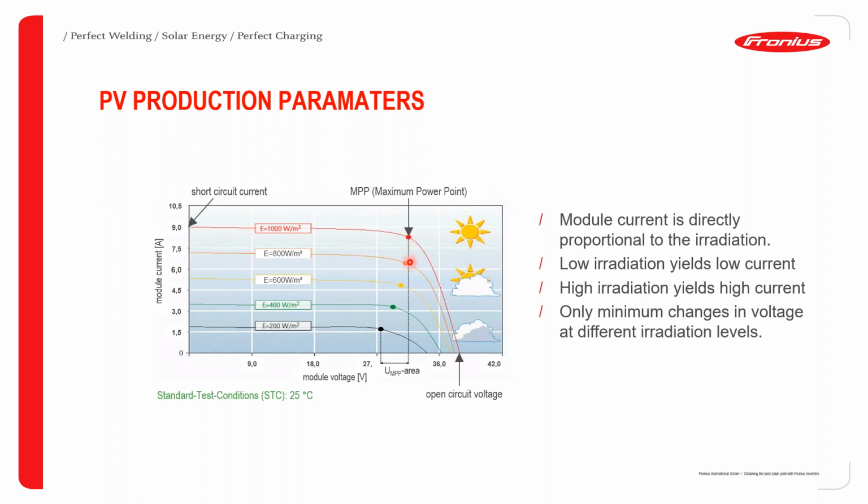We can see that the MPP of these curves varies from one irradiation figure to another. But most significantly, the variation in voltage is actually not that much. We have minimal changes in voltage at different irradiation levels. So what this means is that irradiation has a higher effect on current than it has on voltage. That's what we're trying to point out here.